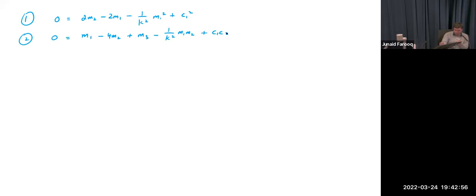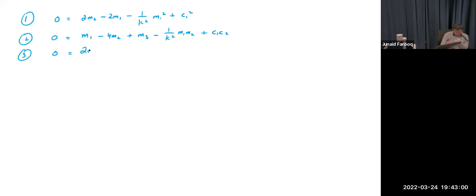So first one is 2m2 minus 2m1 minus 1 over k squared, m1 squared plus c1 squared. Okay, so that's an equation in m1 and m2. Second one is m1 minus 4m2 plus m3 minus 1 over k squared, m1 m2 plus c1 c2.